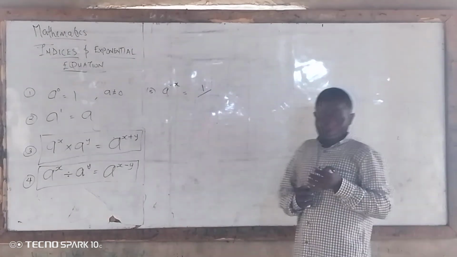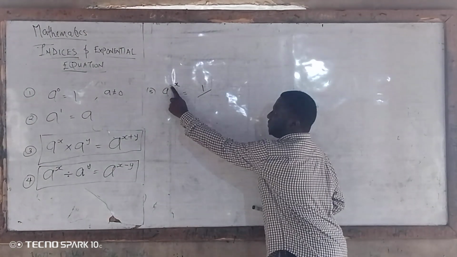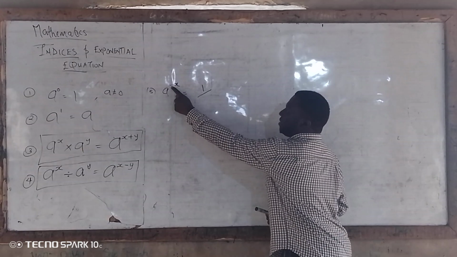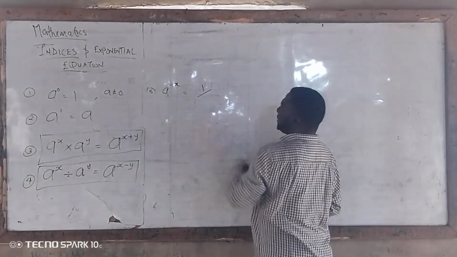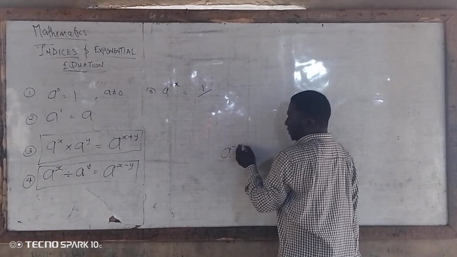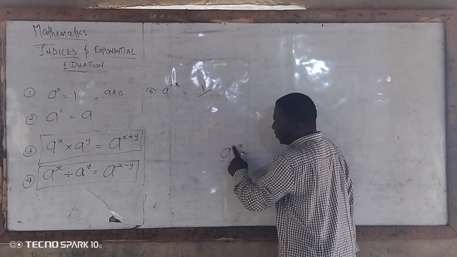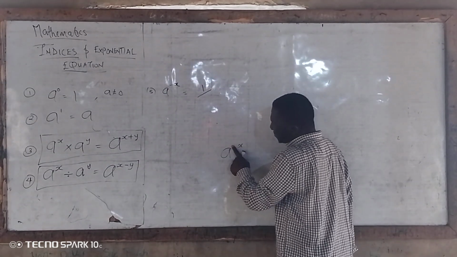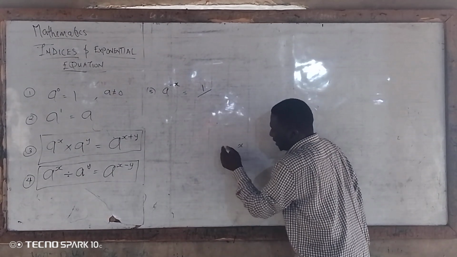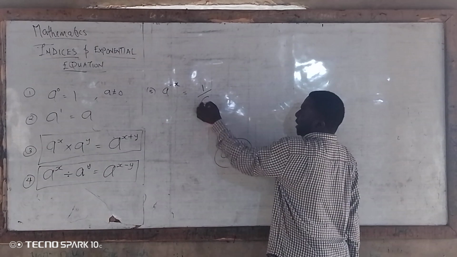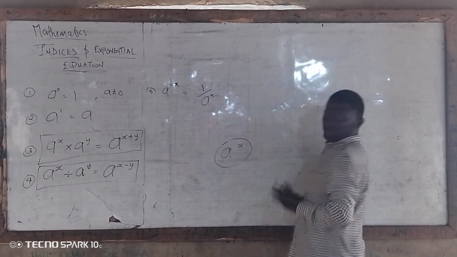Just have it in mind that every time you see this negative power, the minus here means 1 over. Now, I have taken the minus out, I've changed the minus to 1 over. So what will I have left if the minus is removed here? I will have a to the power of x here. So that's what you will have.